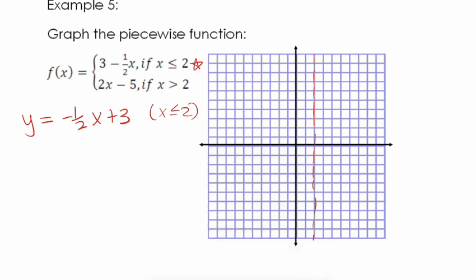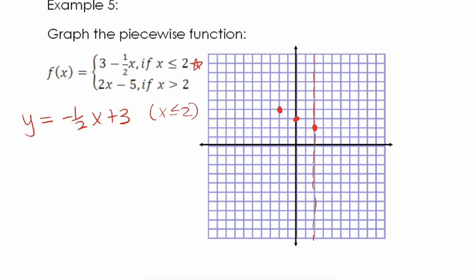My suggestion would be, for the one on the left, because the y-axis is there, why not just do the good old start at the y-intercept of 3, go down 1/2. Now we're going to hit the line. This means that we can be equal to the border. So we can actually touch the border.